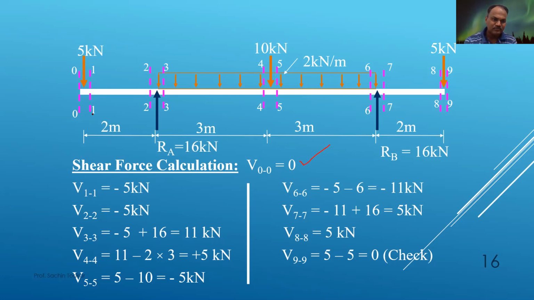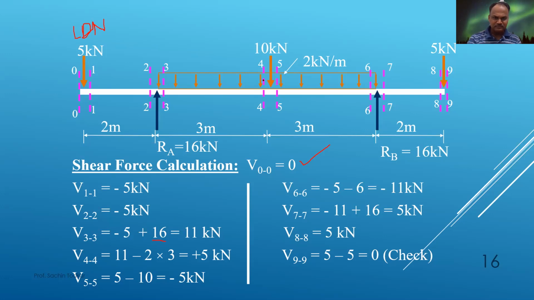Shear force at 1-1, left downward is negative, LDN, so it is minus 5 kilonewton, up to point 2-2 or section 2-2, that is minus 5 kilonewton. At 3-3, left upward positive, so 16 kilonewton will come into the picture: minus 5 plus 16, 11 kilonewton.